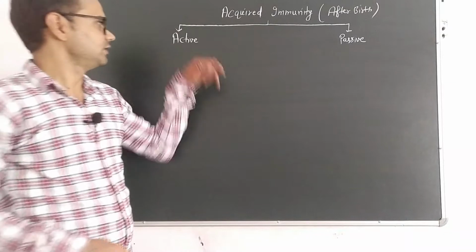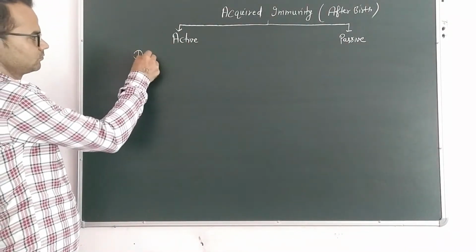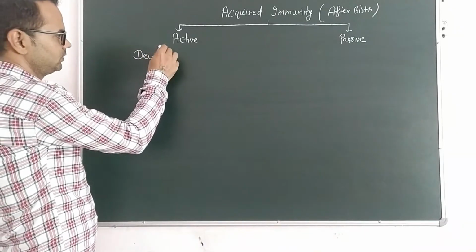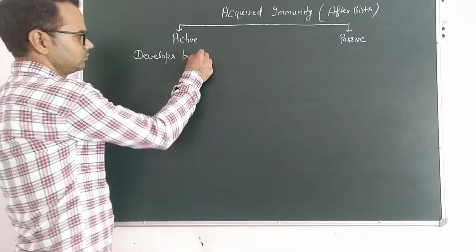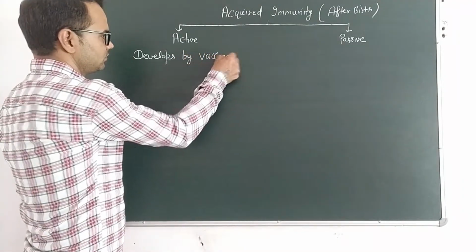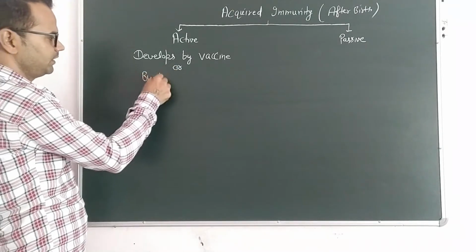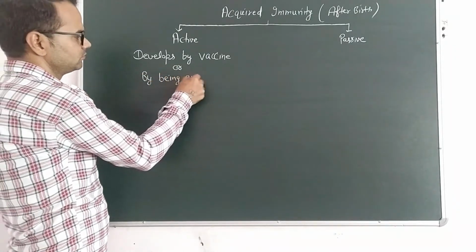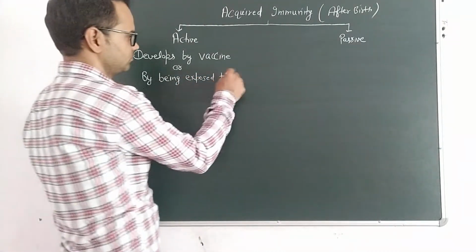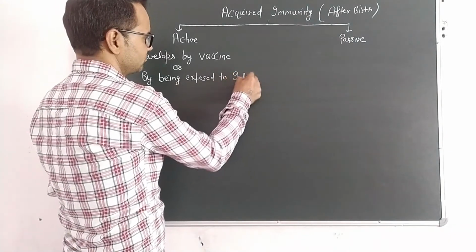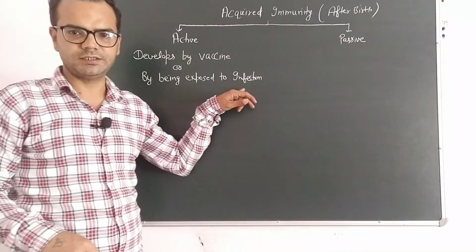So active immunity develops by vaccine or by being exposed to any infection or any disease.